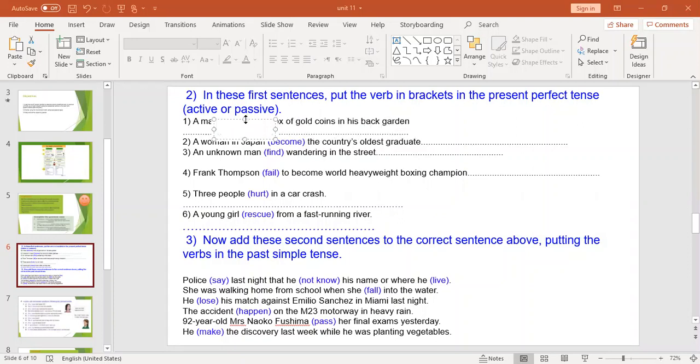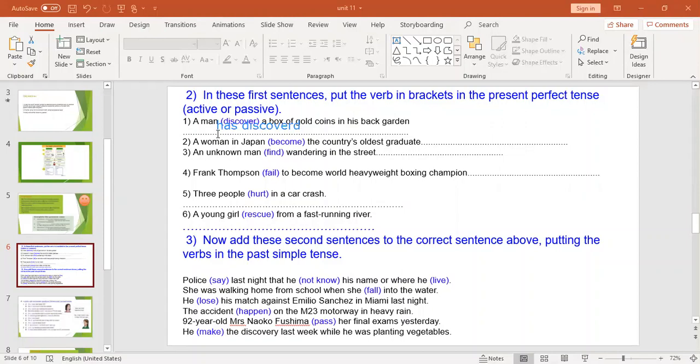And since it's a man, it's suitable to say a man has discovered. We are not given any details about the place or the time or anything else. We are only given one piece of information, that is a man has discovered a box of gold coins in his garden.